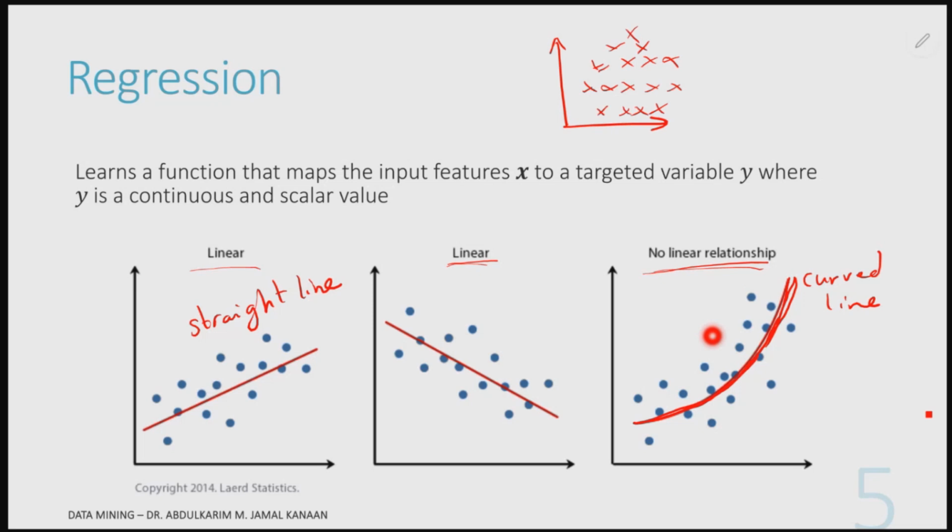Any patterns? Inside there's no pattern. So even if you calculate regression, it is going to be very weak. There's no relationship between X and Y, for example. But here we can observe there's a pattern inside the data, but it can only be represented by a non-straight line, a curved line. So we call it nonlinear.